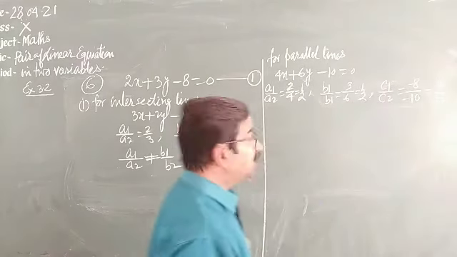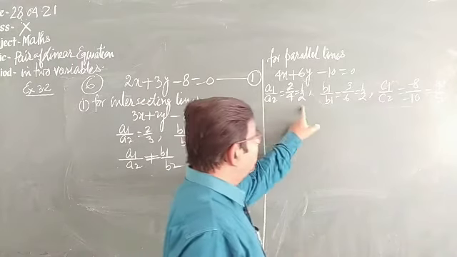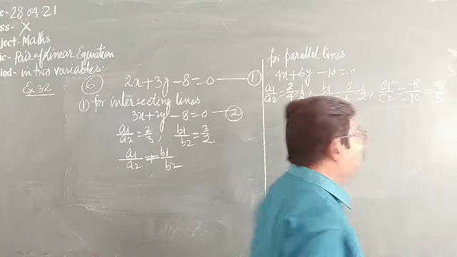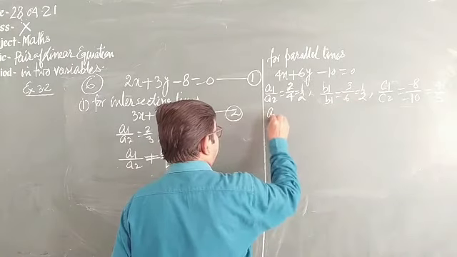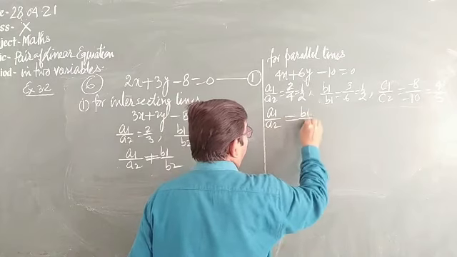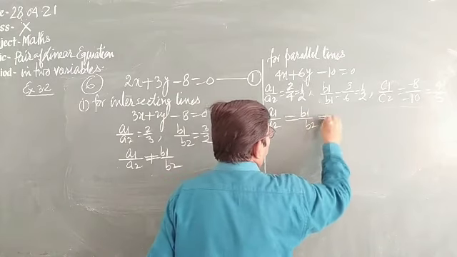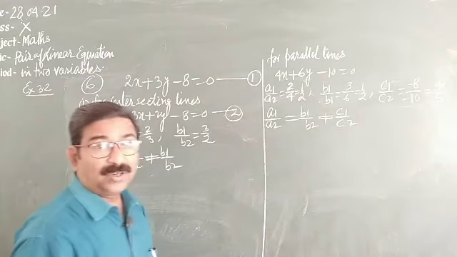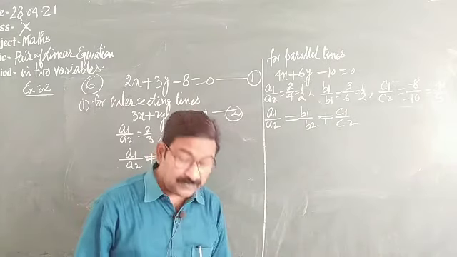So what is the conclusion? a1 upon a2 is equal to b1 upon b2, but not equal to c1 upon c2. So this is for parallel lines.